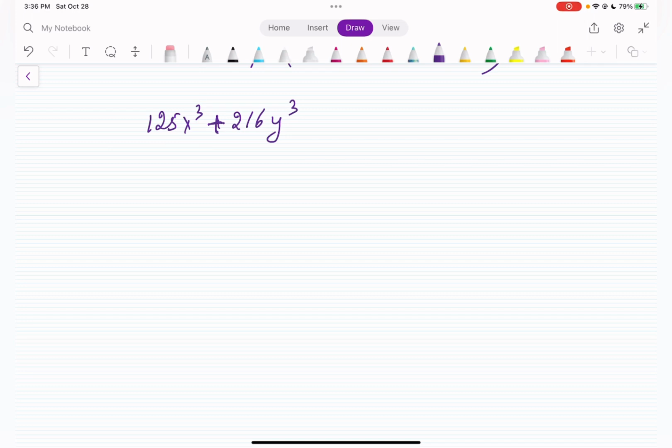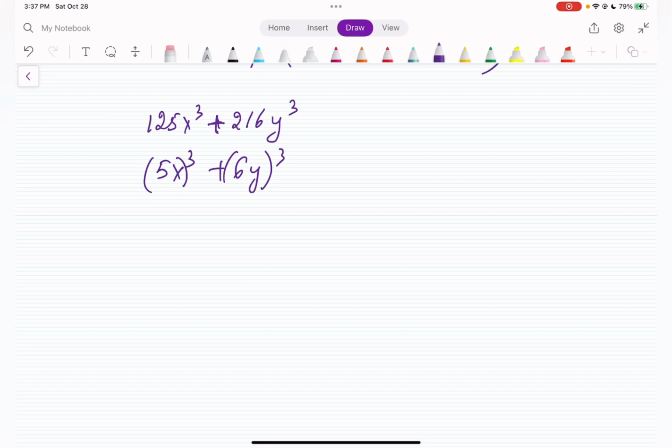So, what we are doing, 125 is 5 cubed, right? It's going to be 5x to power 3. And let me see, 216, I believe 6 to power 3. Let me see. Yeah. 6 to power 3, 6y to power 3.